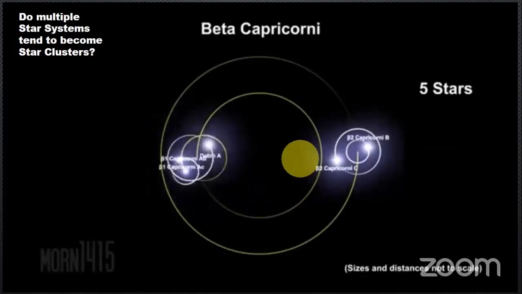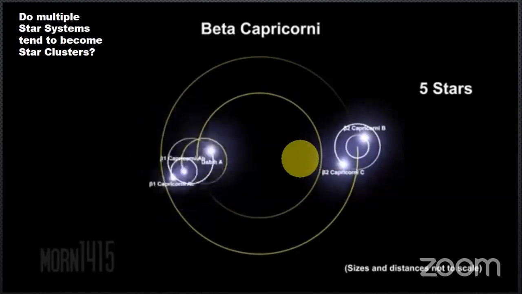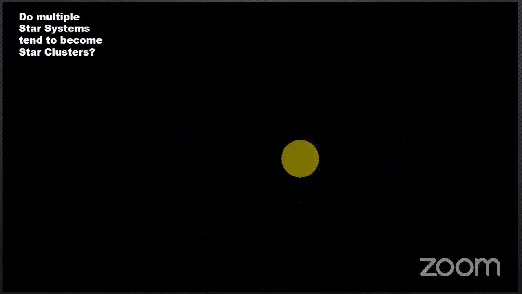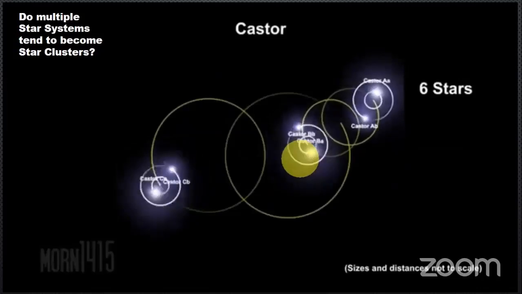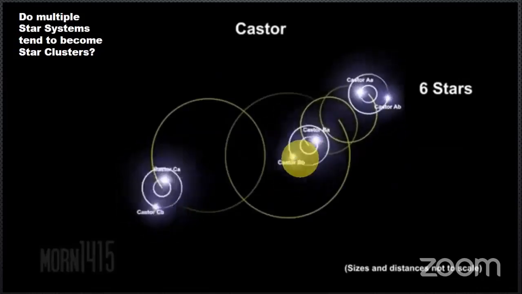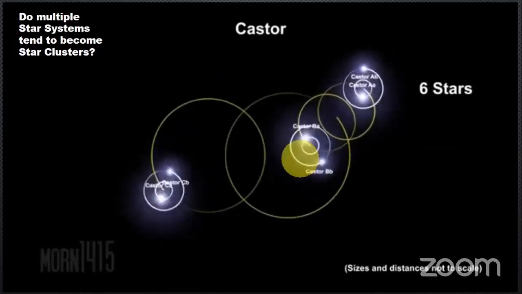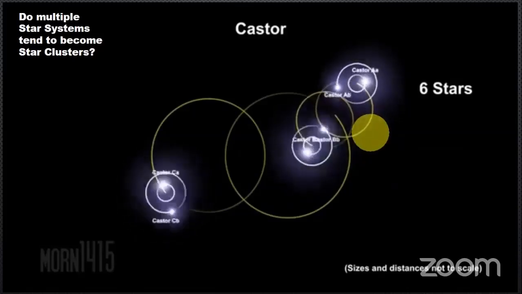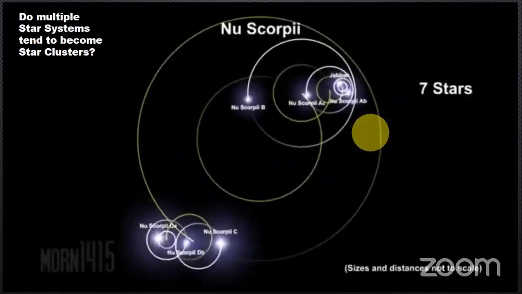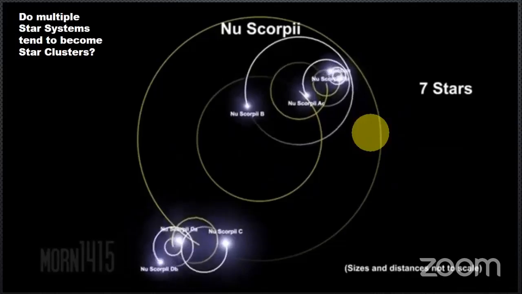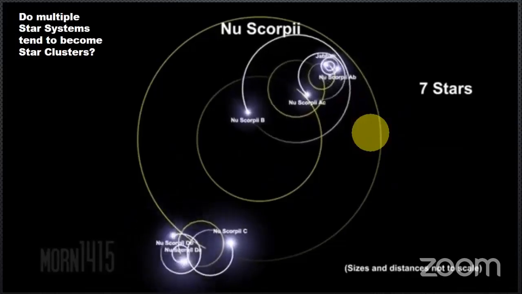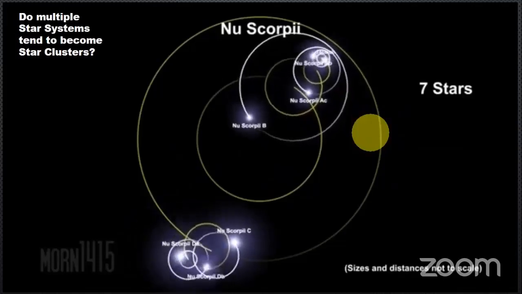This is how we have five-star systems, six-star systems, seven-star systems, and so on. The reason I'm showing you this again, because I showed you this video simulation during my last lecture, is that I want to prove to you that star clusters are an advanced level of double star and multiple star systems.